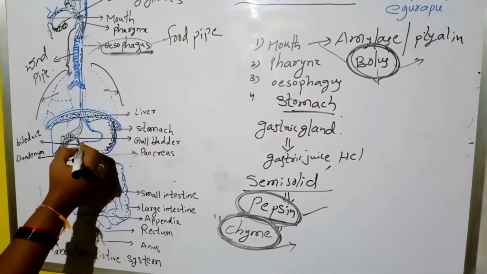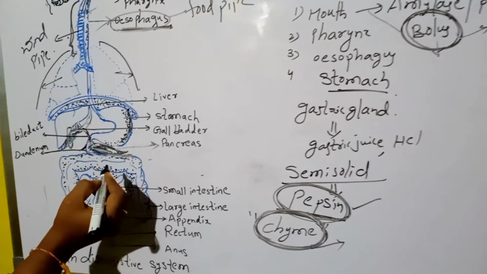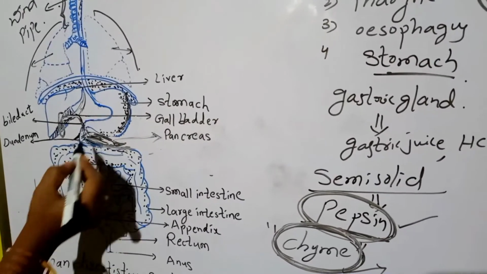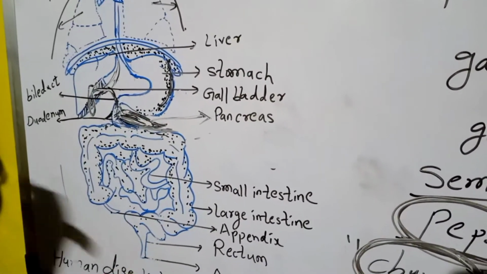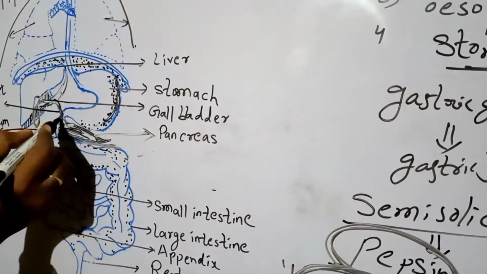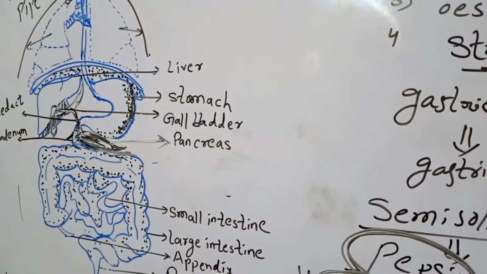Between the stomach and the small intestine, there are sphincters. What is the function of these sphincters?